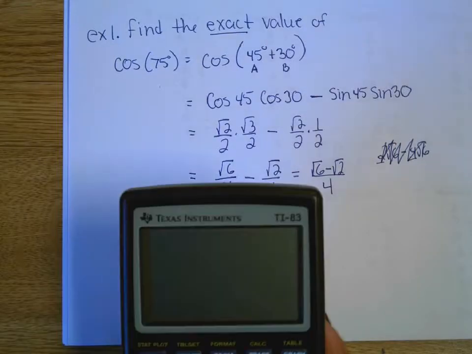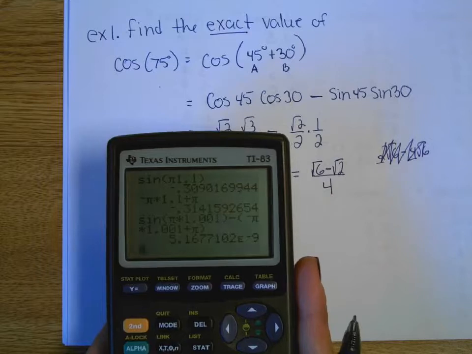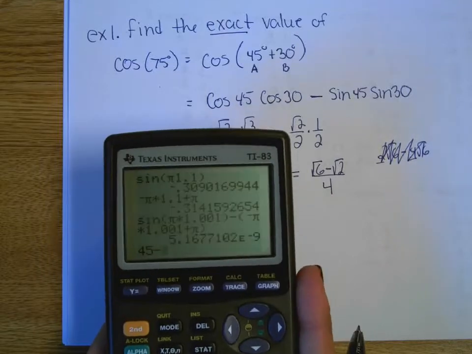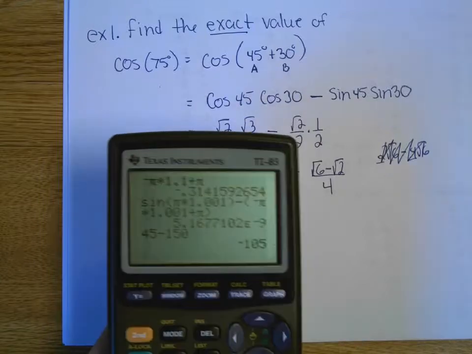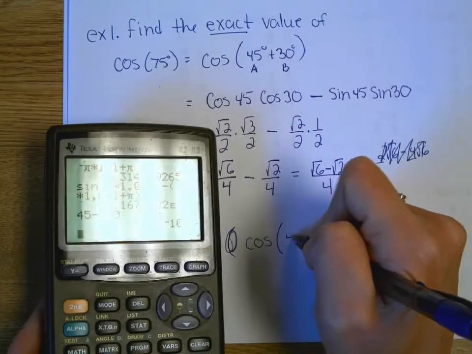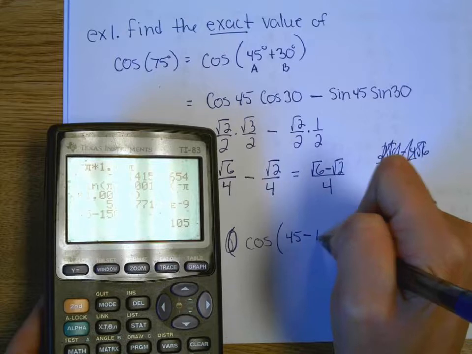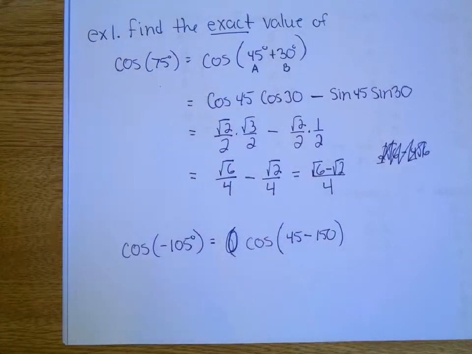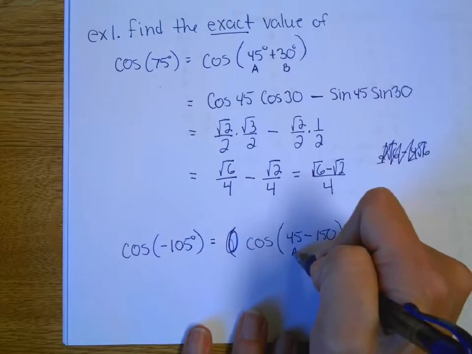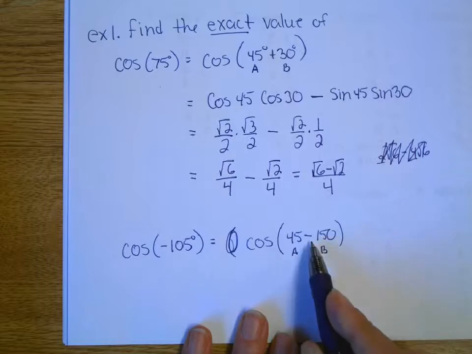So if we went 45 minus the 150, so we got to put it in that order, 45 minus the 150, because that equals negative 105. Is everybody okay with that one? So now you've got an A and a B, and we're subtracting the two angles.